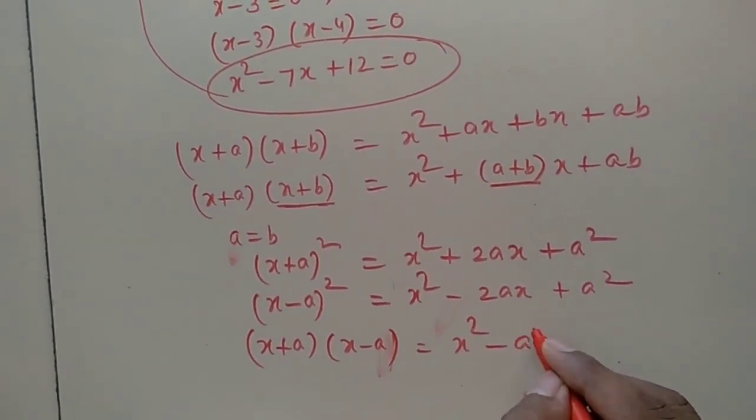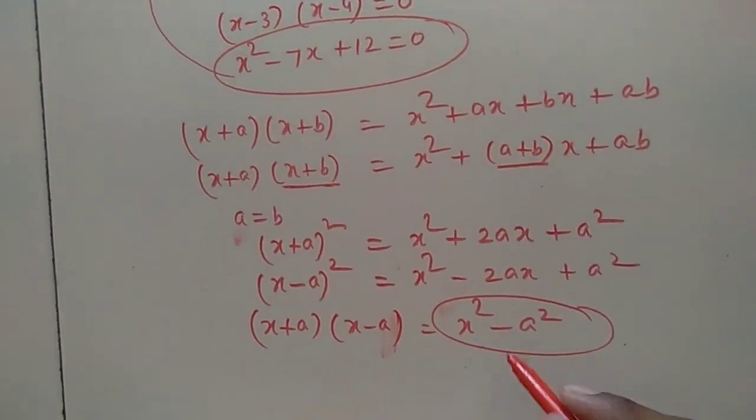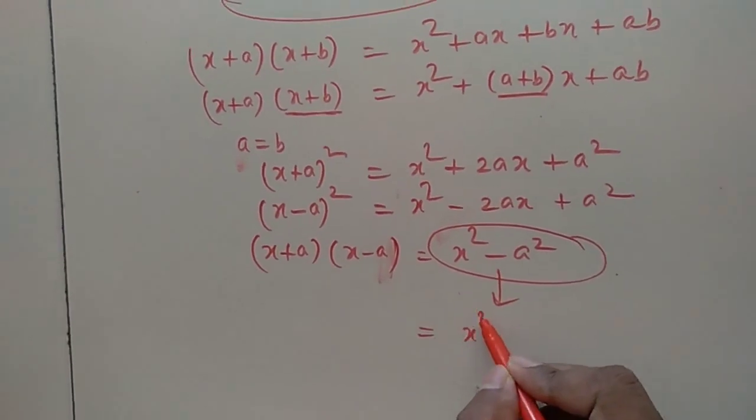Now if I say it is x plus a and x minus a, this becomes x square minus a square. This is called a difference of two squares.